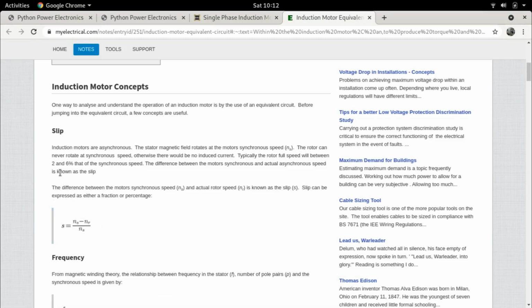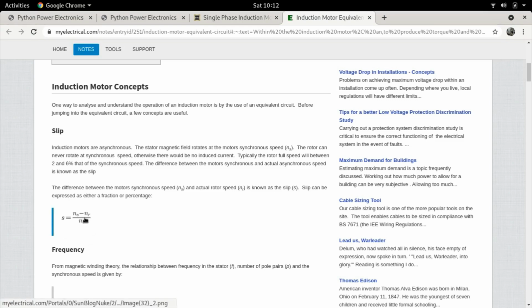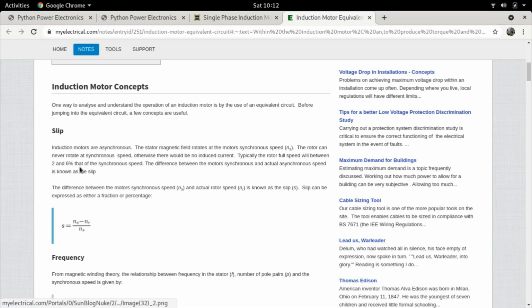So what this means is that the induced EMF in the rotor and the currents flowing in the rotor are not at the same frequency as the frequency in the stator. That frequency in the rotor is the difference between the rotor speed and the synchronous speed, right?